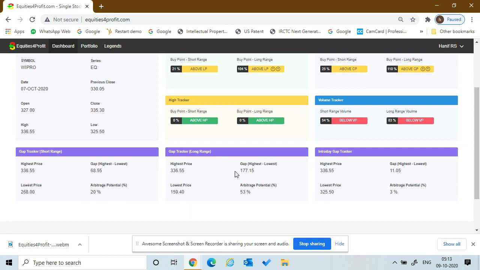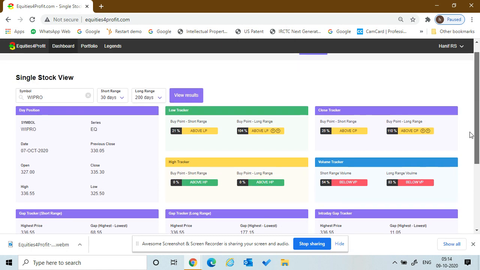And the gap between the highest point and the lowest point of the long range, which is 200 days, which is 177.15, an arbitrage of almost 53%. Likewise, you have got an intraday gap tracker.